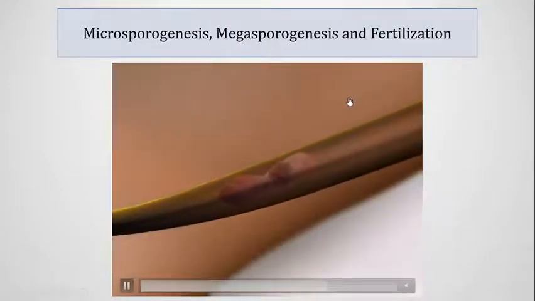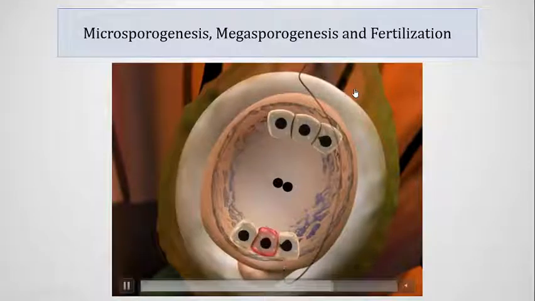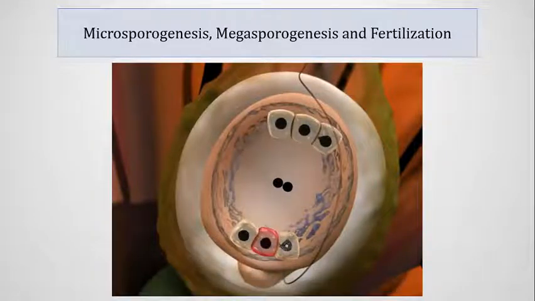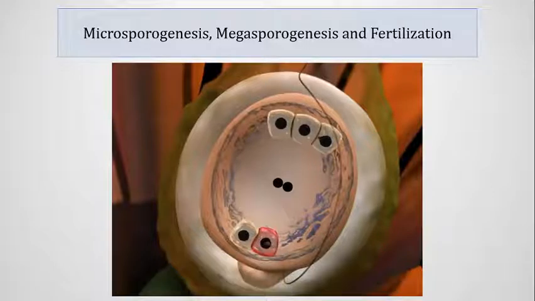So during this travel, the generative nucleus turns into two male gametes. So one male gamete will fertilize the egg or ovum, and another male gamete will fertilize the secondary nucleus.